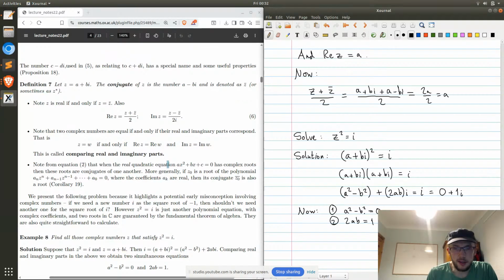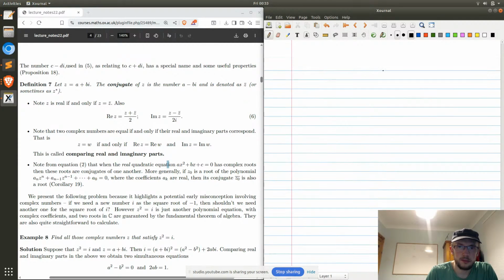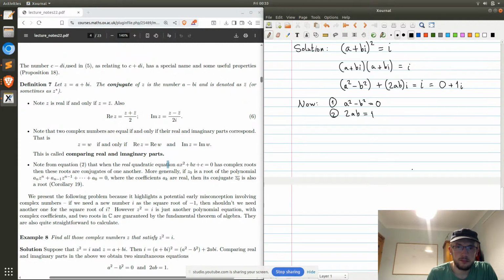Okay, so given these two facts, well, they're equal square numbers. So a is 1 over 2b.